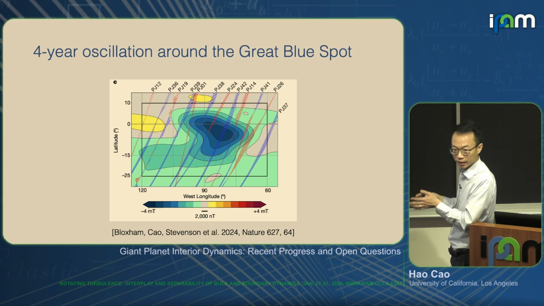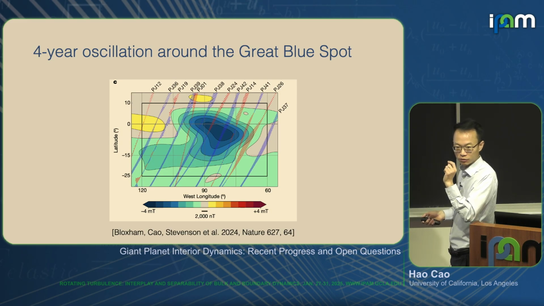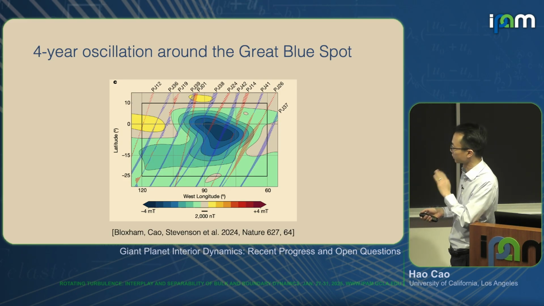So if you want to look at changes in magnetic field as a function of time due to motions, this is the best place to look. Juno has these dedicated orbits that flew by Great Blue. Some of them are just accidental. Some of them, we actually asked the Juno operation team to give us a flyby around the Great Blue Spot. I think 3 or 4 of them are targeted Great Blue Spot flybys.